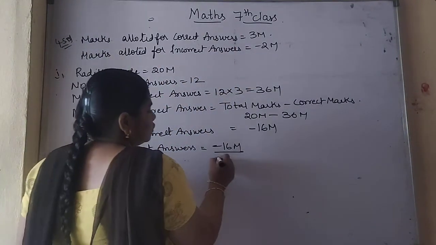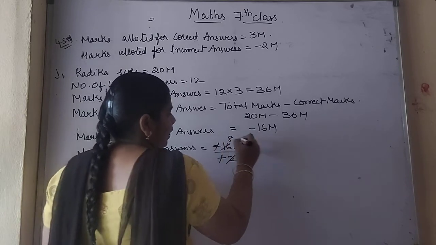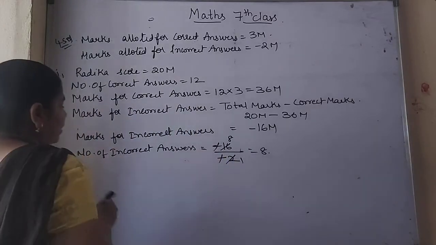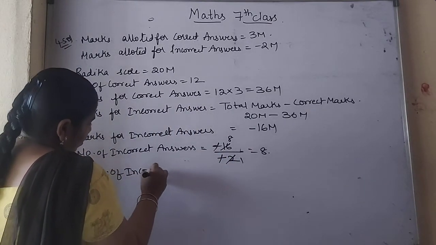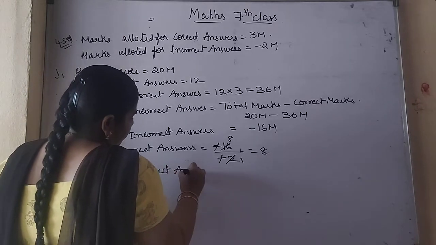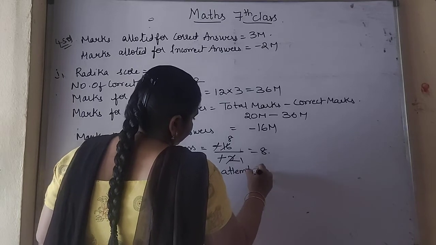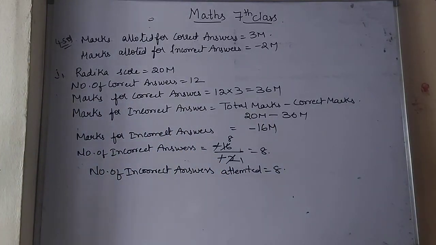Minus 2 marks. So minus minus will get cancelled, 2 8s are 16. She has written 8 incorrect answers. So number of incorrect answers attempted is 8. So this is our first question in this fourth solution.